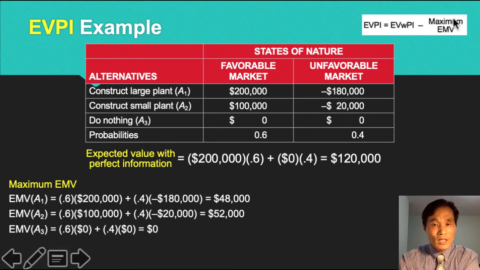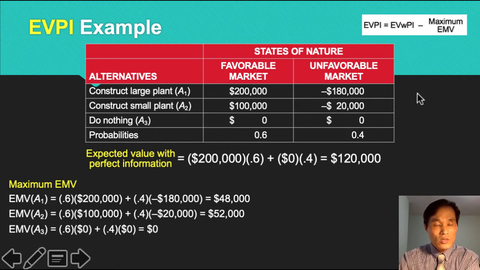If you found this $120,000, then the next thing that you want to do is to calculate maximum EMV. And we have already done that before. But if I just repeat, 0.6 times $200,000 plus 0.4 times negative $180,000, that gives you $48,000 for alternative 1. That's your expected monetary value.